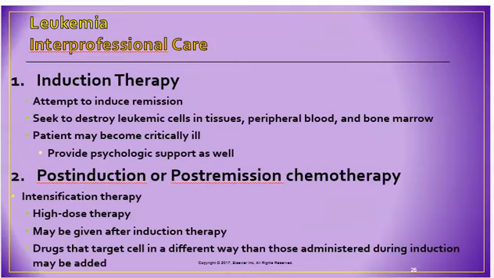Now, induction therapy, let's start them, get them into remission. These people can become very, very sick. They're going to be in ICU during this phase. Now, post-induction or post-remission chemotherapy, again, this is high dose. These are drugs that target the cell in a different way, and the whole goal here is to attack those cells in any way that we possibly can at their different stages of development and get them into remission.